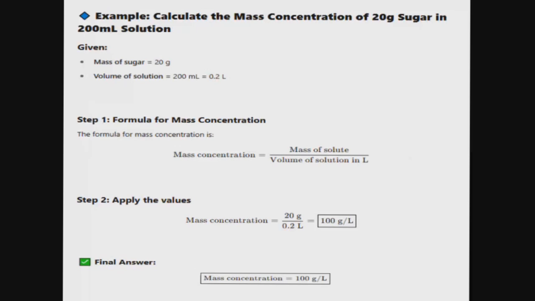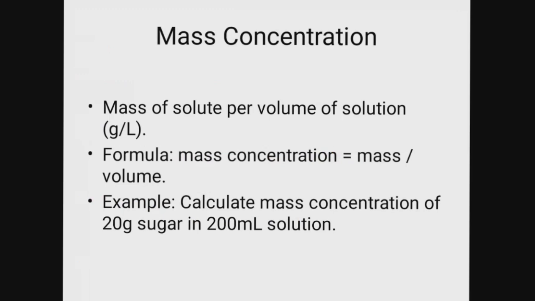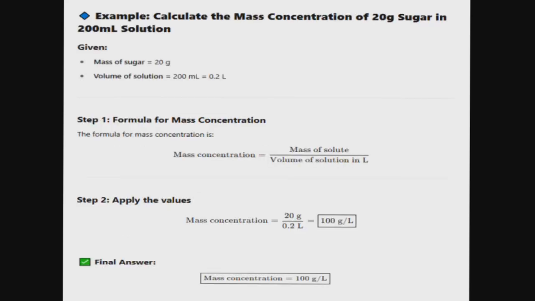So when we are given a problem like this, calculate the mass conc of 20 gram sugar in 200 milliliter solution, we have the following details. Mass of sugar, 20 gram. Volume of solution, 200 milliliter. When we change it to liter, it's going to give us 0.2 liter.